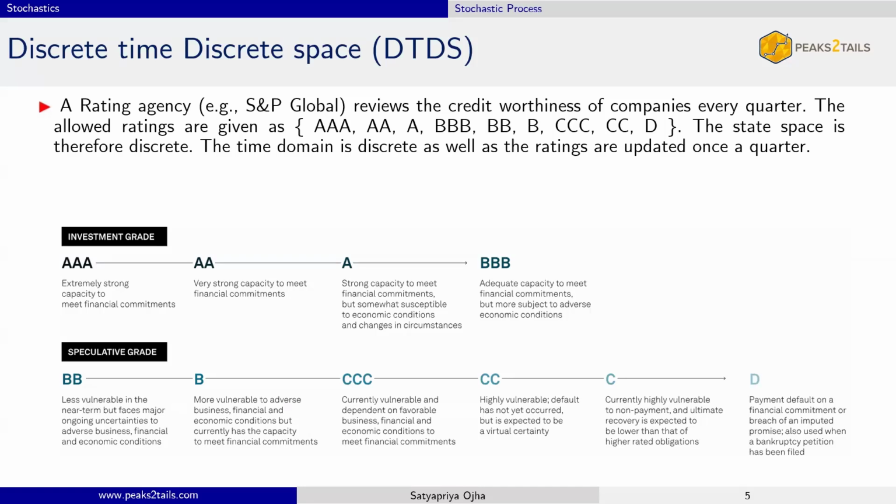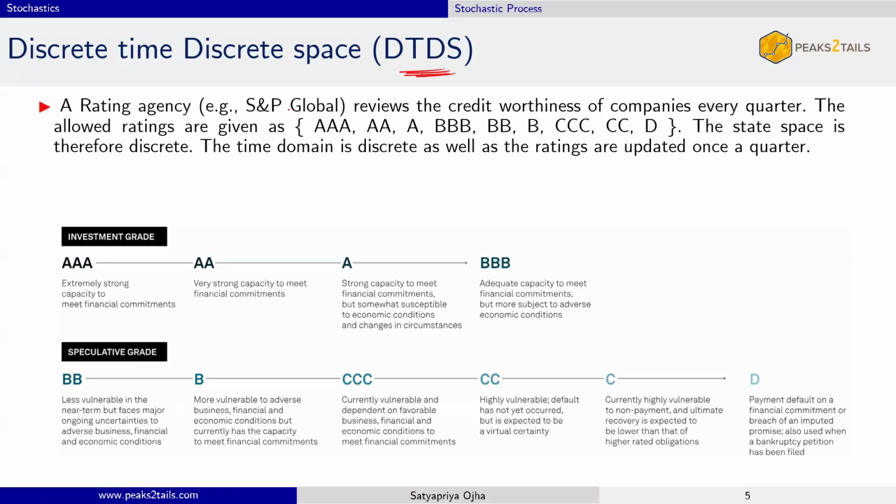So let's look at some examples in real life which are amenable or fit into a particular modeling choice. The first one is discrete time, discrete space. One probably very familiar example, which is modeled under this assumption, is the rating migration, credit rating migration, right?